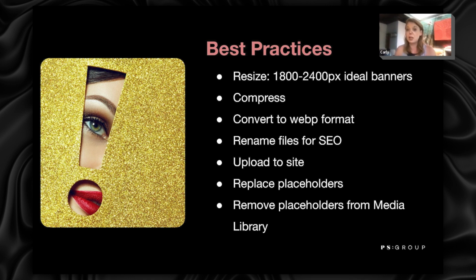WebP is a new generation, and it gives much lighter, smaller files for the output resolution you end up getting. The only thing is, if you're still on Squarespace, it does not support WebP, which is unfortunate, but we're talking about WordPress anyway.